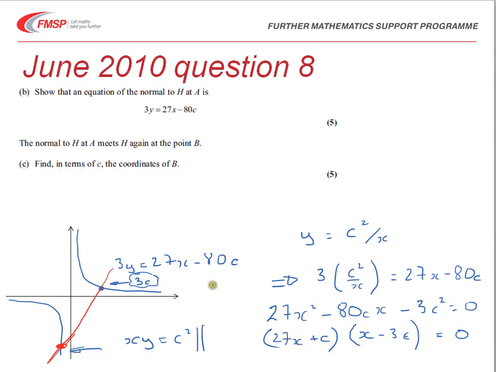So the x coordinate of our point B is at negative c over 27. So the x value is equal to negative c over 27. And then the y value is therefore equal to negative 27c.